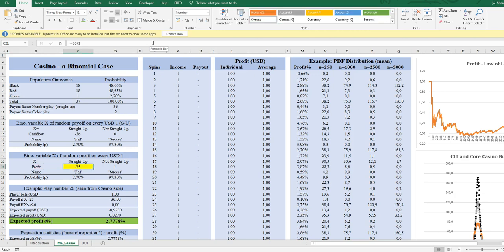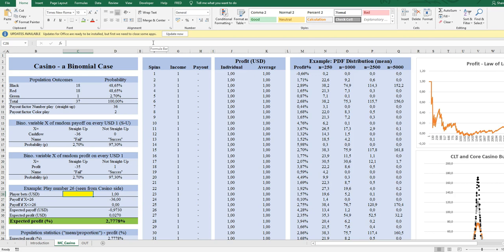So the total profit, of course, is minus $1. And in case there is a success for the casino, they will just take the $1 at the table. Again, we are operating under the same probabilities, the two outcomes, straight up 2.70%, not straight up the rest. Okay, so this is the basic cash flow and profit binomial model.